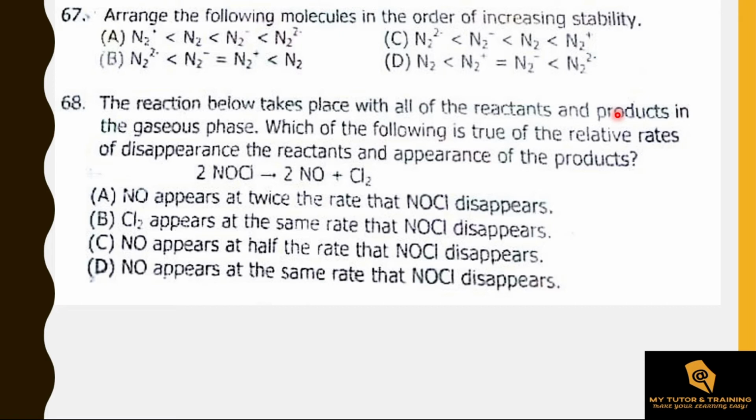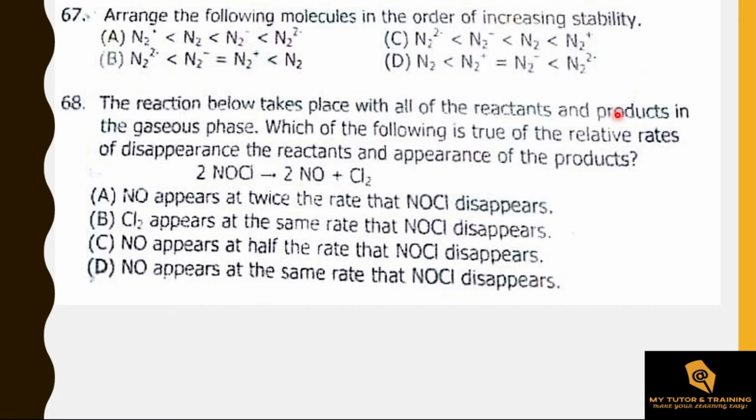A. NO appears at twice the rate that NOCl disappears, no, they have the same rate. B. Cl2 appears at the same rate that NOCl disappears. No. The rate of disappearance of NOCl is twice the rate of appearance of what?